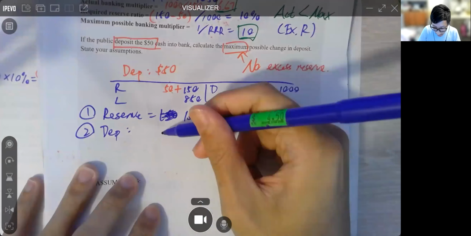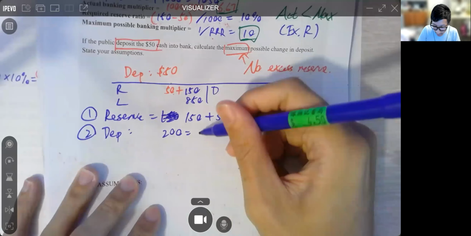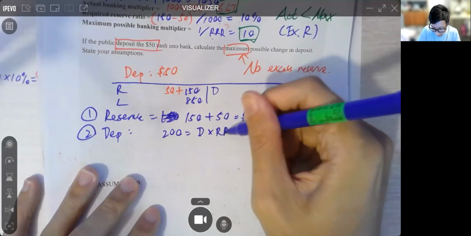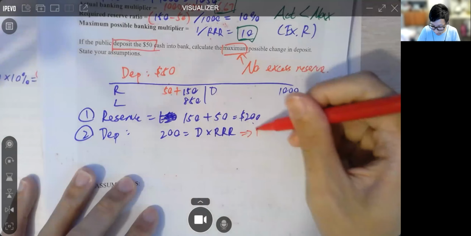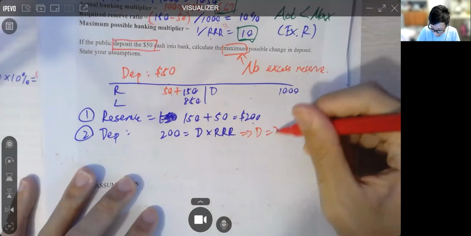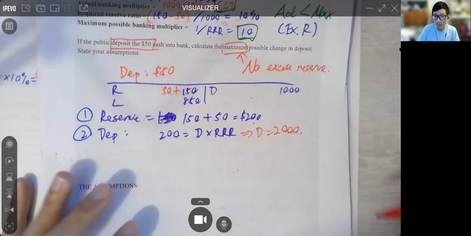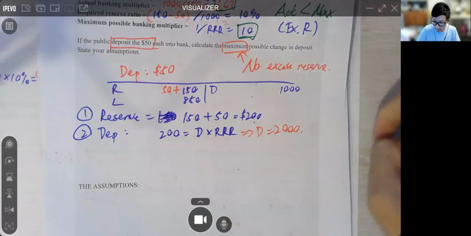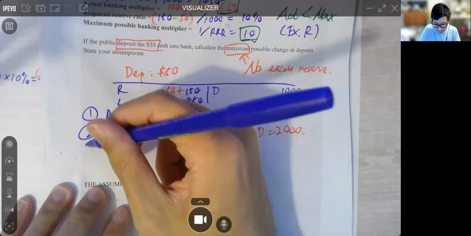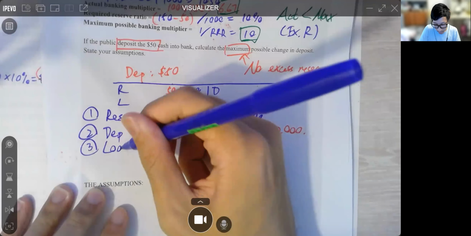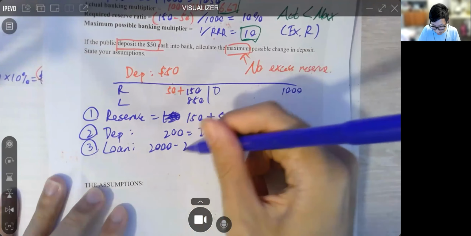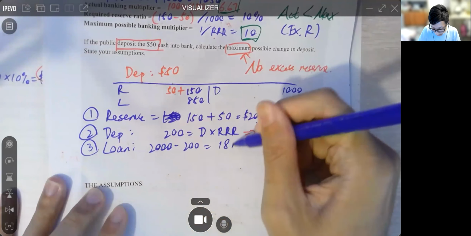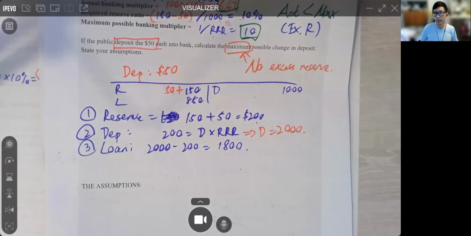Therefore, minimum reserve is just deposit times RRR, which in our case, if you remember, deposit would just be 2000. 又係咁啱嘅啫，2000. Okay? And final step. What about loan? Loan would just be 2000 minus 200. We have this one.